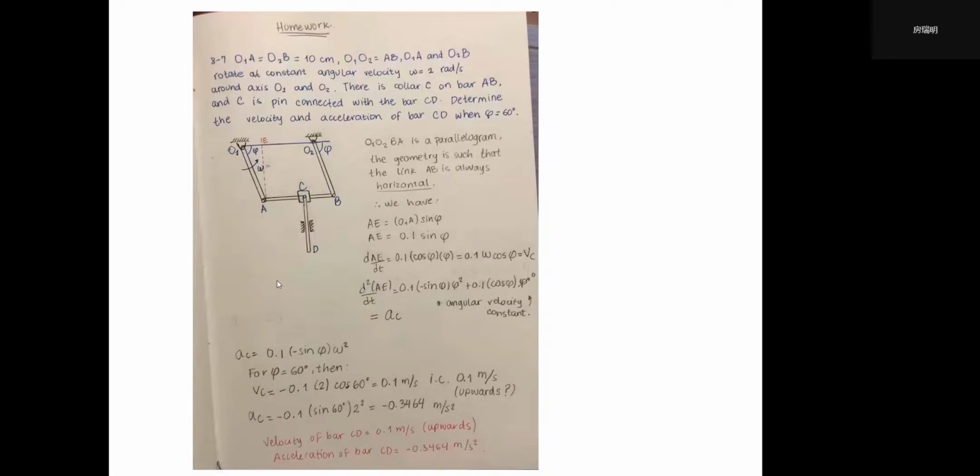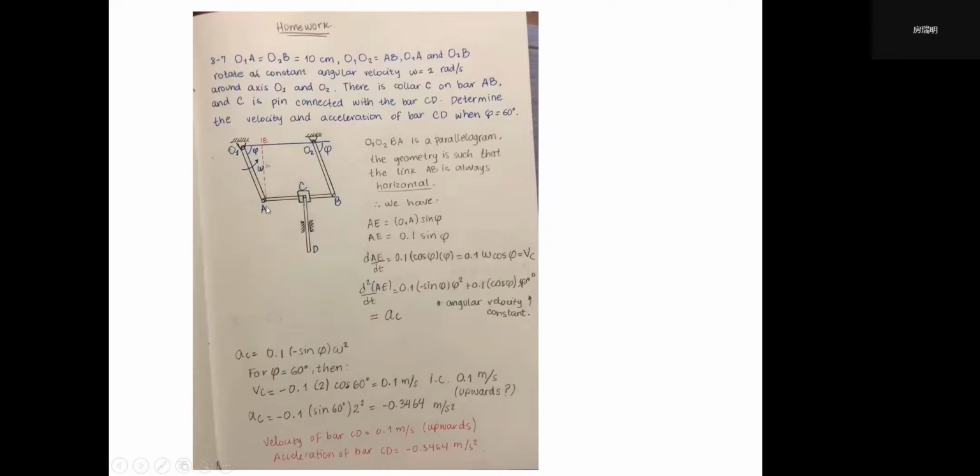Her conclusion is that if we draw a perpendicular line to O1O2, we know that in this system, O1 and O2 are two fixed points. So O1O2 will always keep this position. This point A will have circular motion because of the rotation of O1A, right?